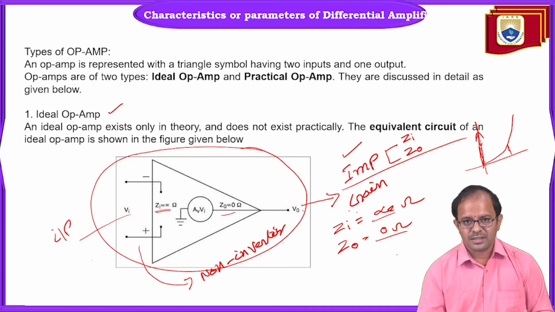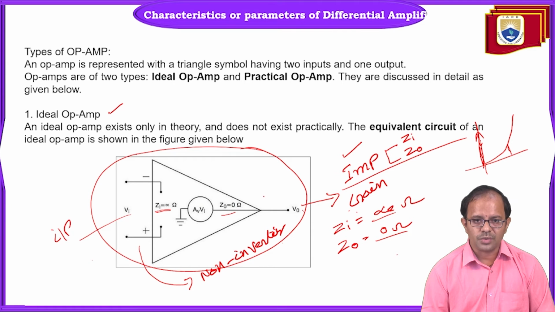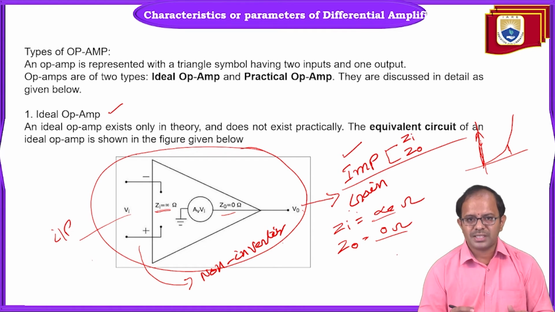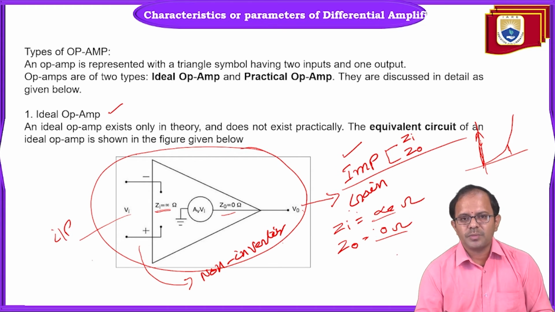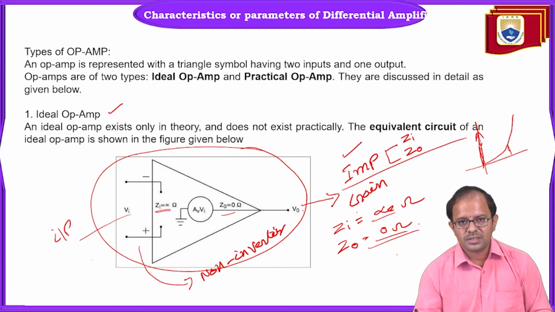So what matters here? That external circuit should match with this op-amp circuit. So an important parameter called impedance matching plays a role here. In order to meet that impedance matching criterion, the output impedance is supposed to be as low as possible. And in the ideal case, we said that this value is 0 ohms.